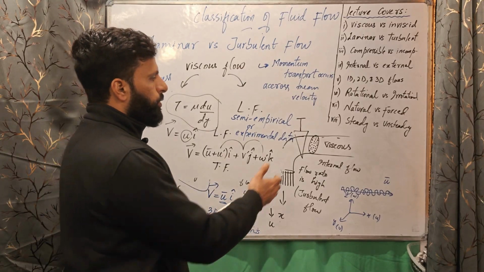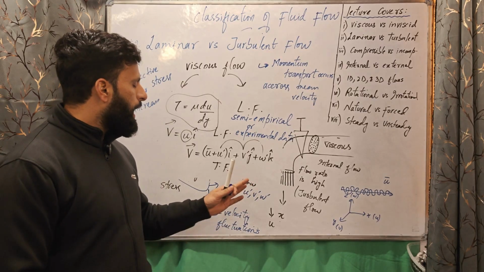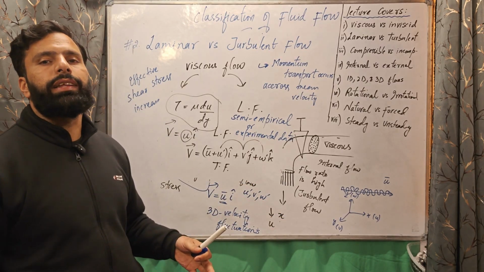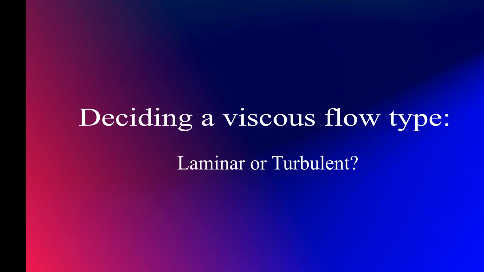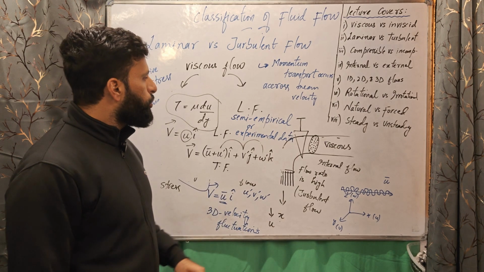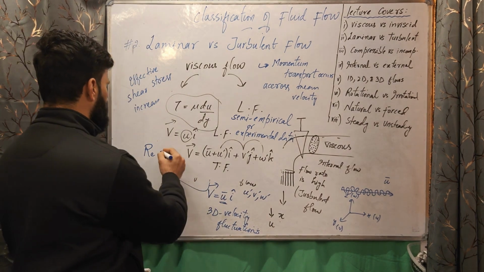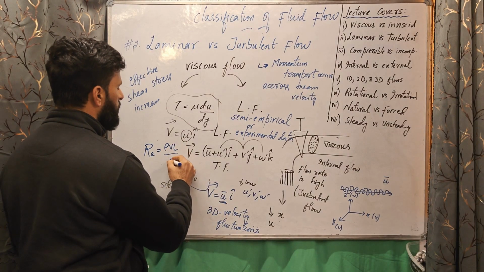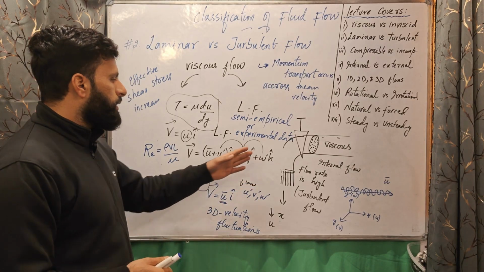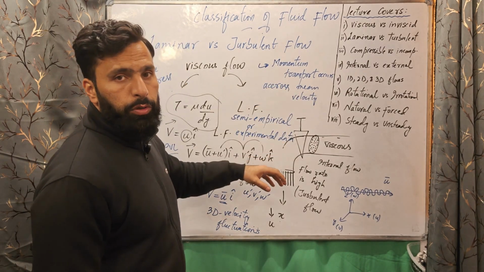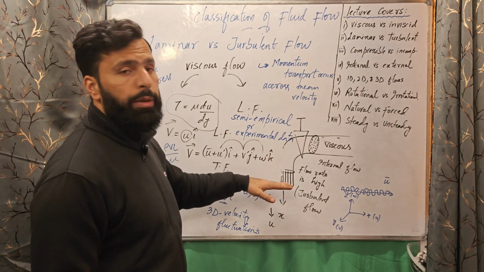Now, since we talked about internal flow in pipes, whether a flow inside a pipe is laminar or turbulent, how do we decide that? We use the non-dimensional parameter that we discussed last time, the Reynolds number, which was defined as rho V L by mu. Now experiments show that if we open this tap at a low flow rate, the flow is laminar.